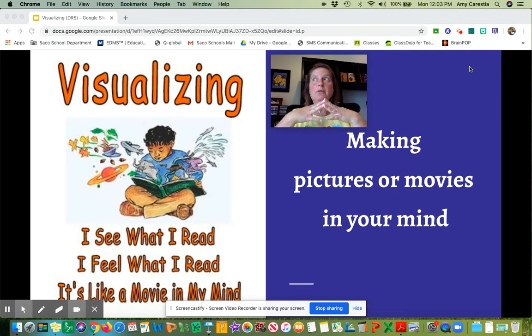And it's almost a series of pictures, like a comic or a graphic novel in your mind, or it's like rolling a movie, making a movie. But you really want to focus on what you see, what you hear, what you smell, or what you think it would smell like. That's based on your prior knowledge. What you taste and how you feel.